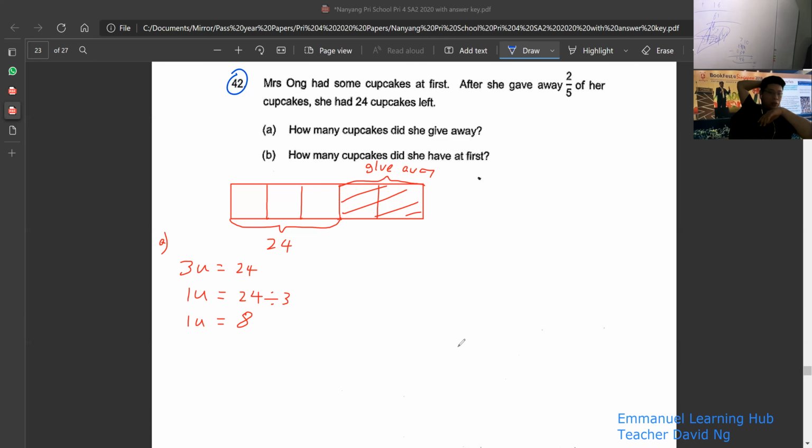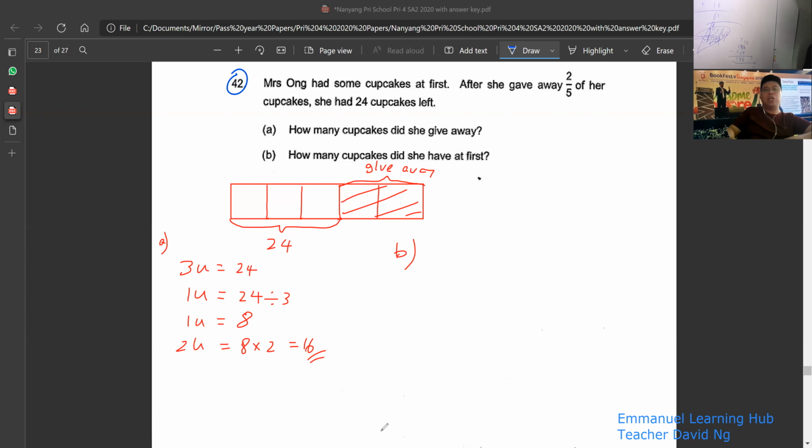Give away is how many units? 2 units. 2 units is 16. She gave away 16.